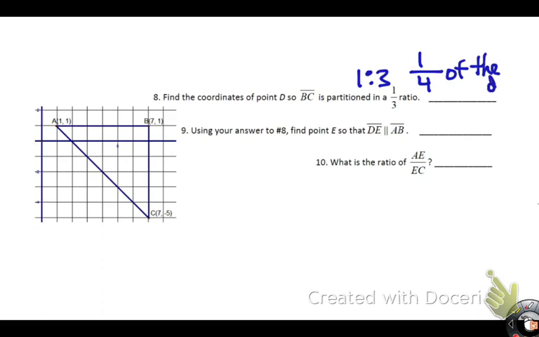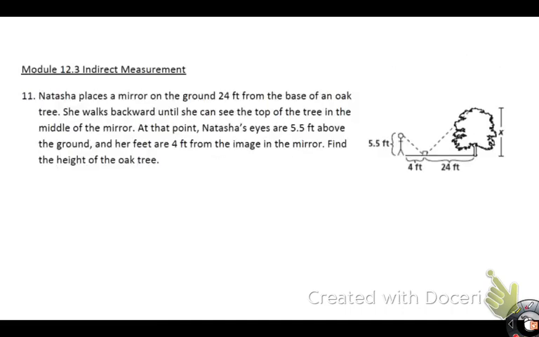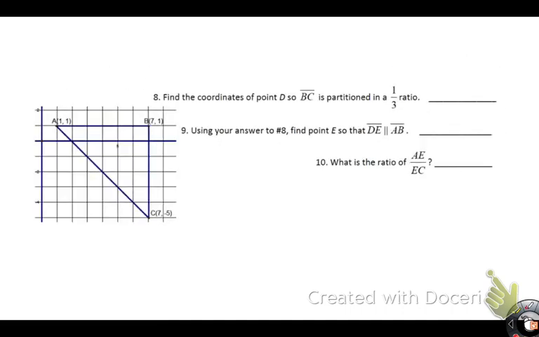So we need to figure out what is 1/4 of the distance. Okay. So I'll start that one again. So 1/4 of the distance. We need to figure out 1/4 of the distance on this segment right here, on BC. So we're going to figure out the total rise and the total run.